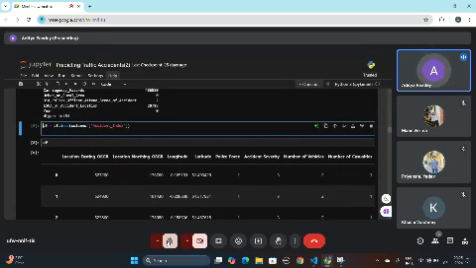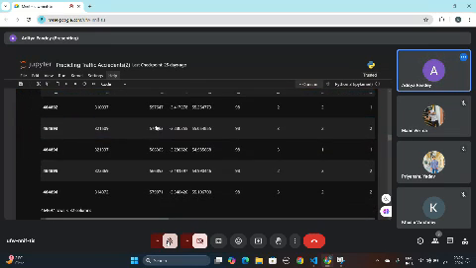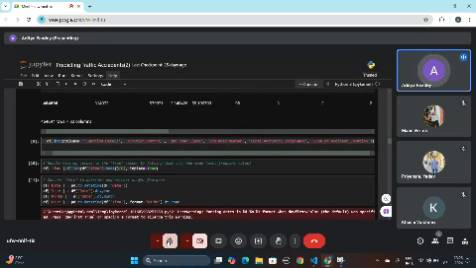In the next step we are dropping the accident index column because it is unnecessary for our model. After that, we are also dropping some more unnecessary columns because they may reduce the accuracy of our model and contain null values. These are some of the columns we are removing.